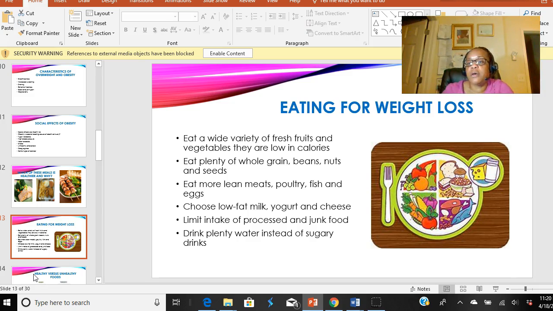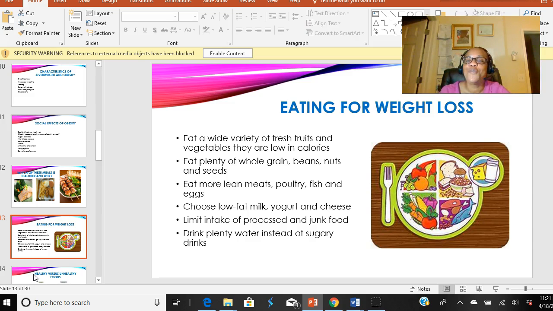Eating for weight loss. Now, if you want to lose weight, then you definitely have to change your eating pattern. It is recommended that you eat a wide variety of fresh fruits and vegetables because they are low in calories.